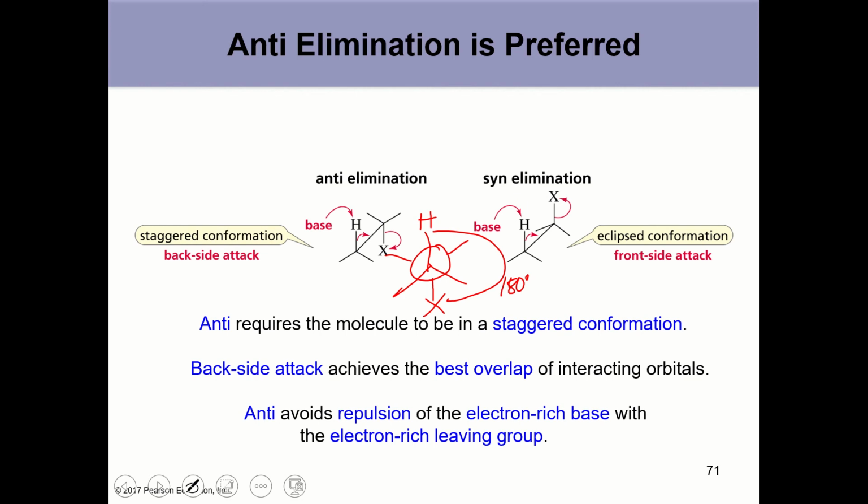It requires a frontside attack. Staggered conformation with the hydrogen and the leaving group anti is evidence of a backside attack. The backside attack achieves the best overlap of interfacing orbitals and avoids repulsion of the electron-rich base with the electron-rich leaving group.